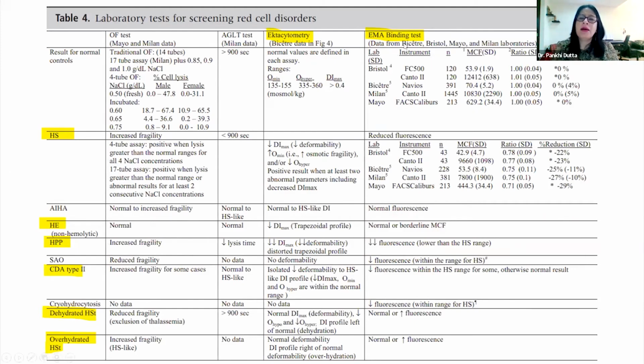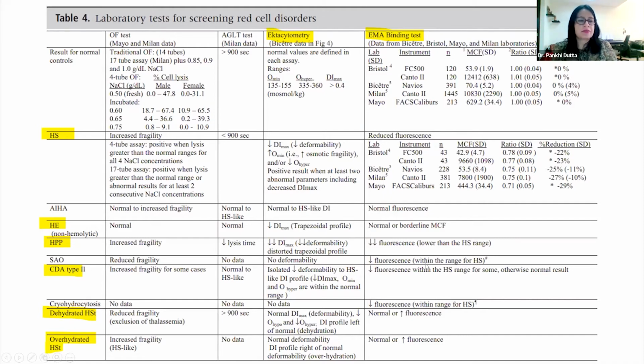For example, the EMA binding test. In hereditary spherocytosis, the EMA binding test would have reduced fluorescence. But you also get reduced fluorescence in another type, congenital dyserythropoietic anemia type 2.